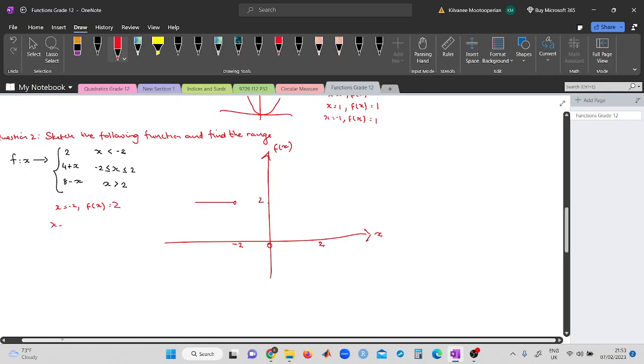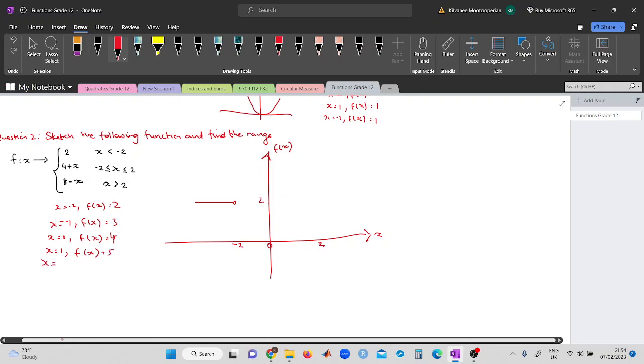When x equals minus 1 here, f of x fait 3. Quand x égale à 0, il fait 4. Donc, techniquement, il peut augmenter, 2, 3, 4, 5. When x equals 1, it will give me 5. And when finally it is equal to 2, f of x is 6.